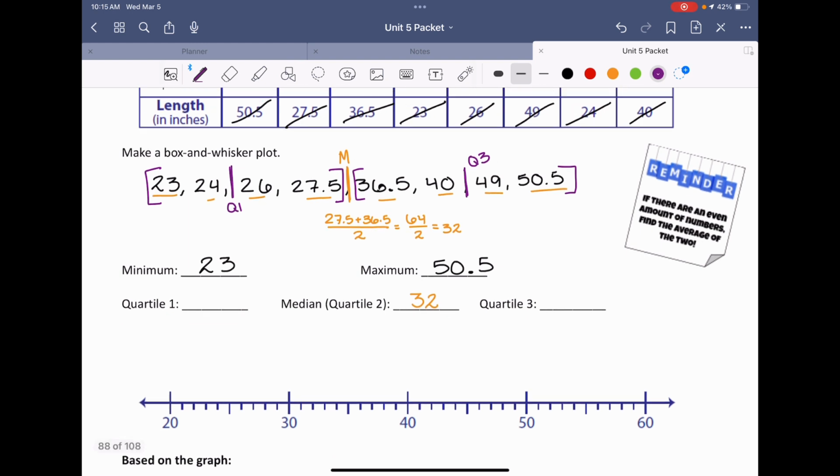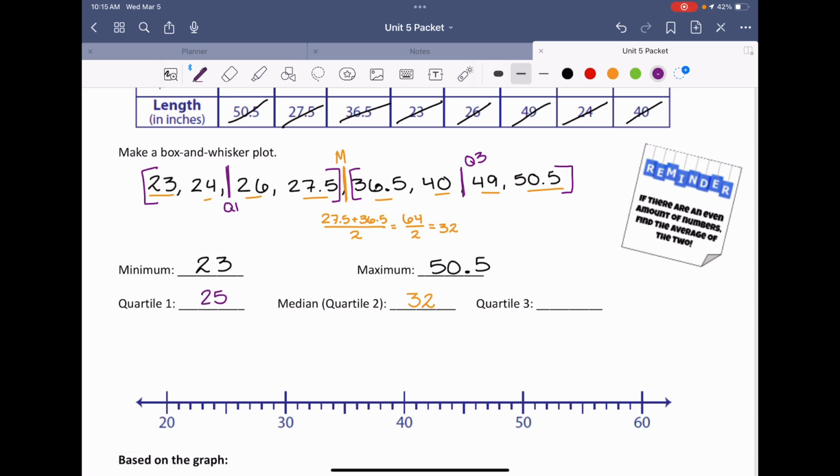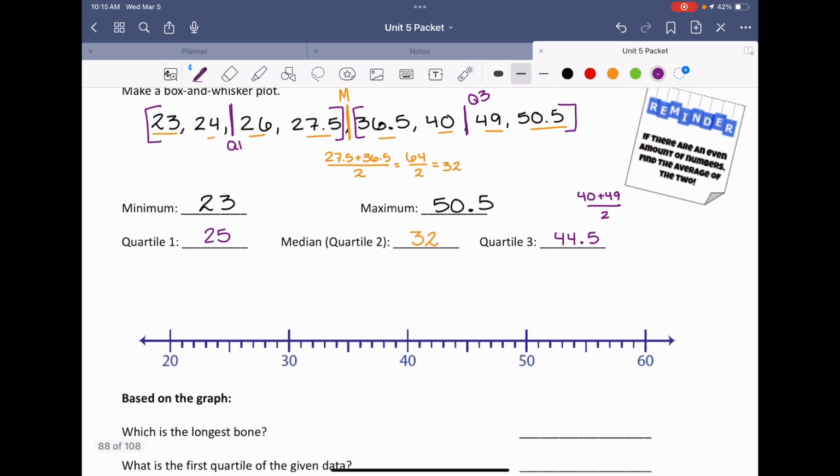So for quartile 1, you should get 25. For quartile 3, you should end up having 44.5 when you add and divide. So remember, you're doing 40 plus 49 and dividing it by 2. All right, when you go to graph this, remember you're plotting the points above the line.